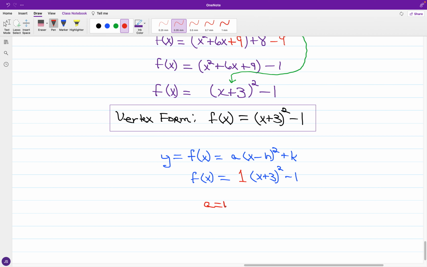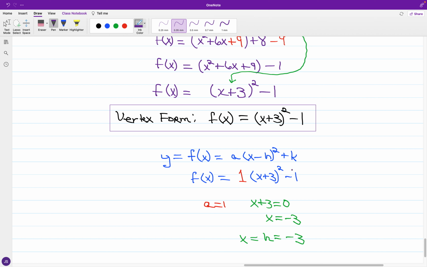And since I'm looking at just the vertex, I'm going to be interested in just the h and the k values. For x minus h, you have represented by x plus 3. So if I set x plus 3 to 0, you have that x is equal to negative 3. So you're going to have that h is equal to negative 3.